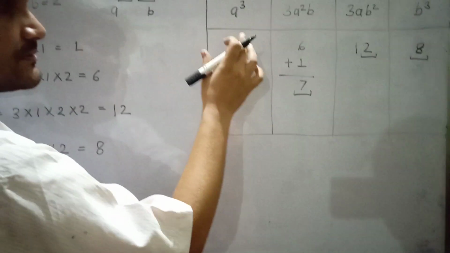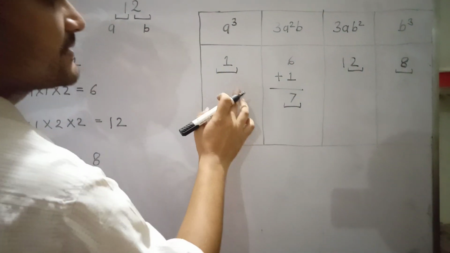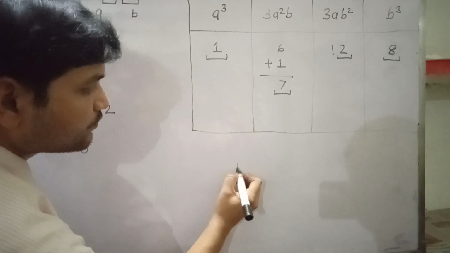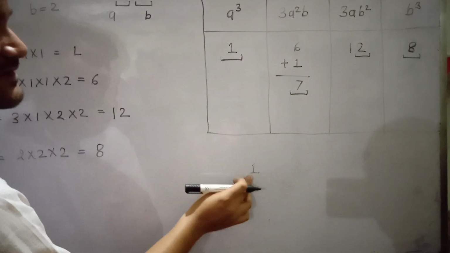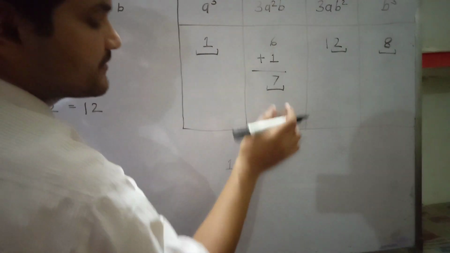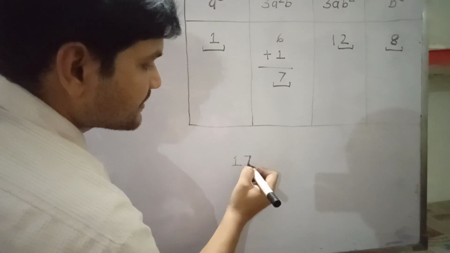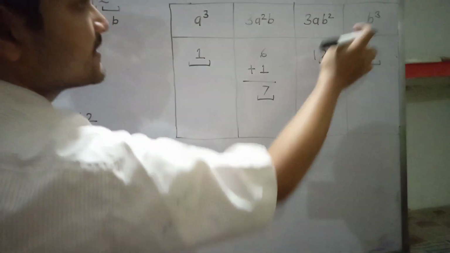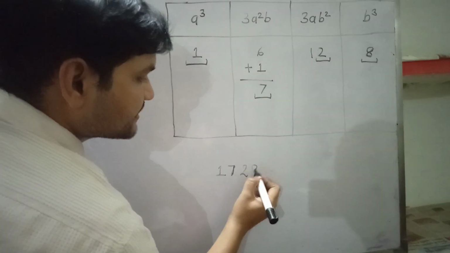After then we will take those numbers which are underlined. So here from the first column we will have 1, and the second column we will have 7, and third column we will have 2, and the fourth column we will have 8.